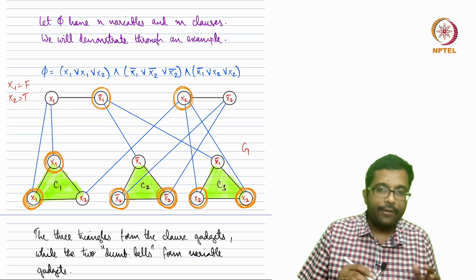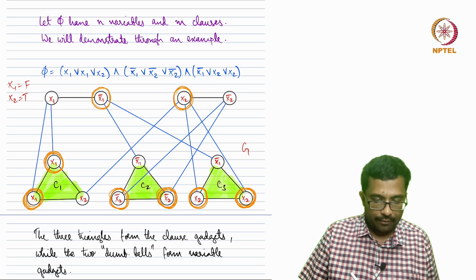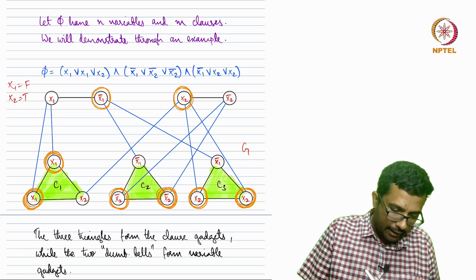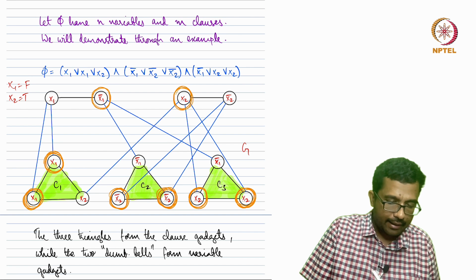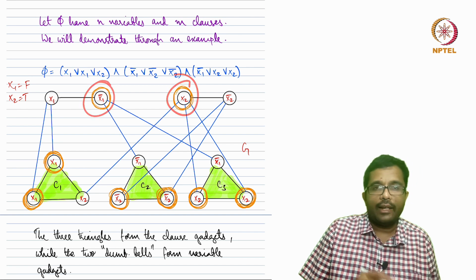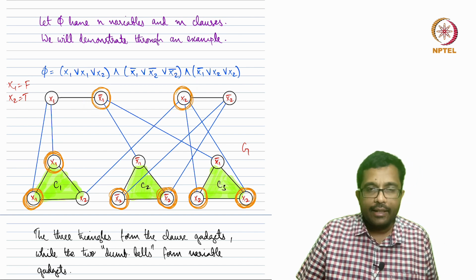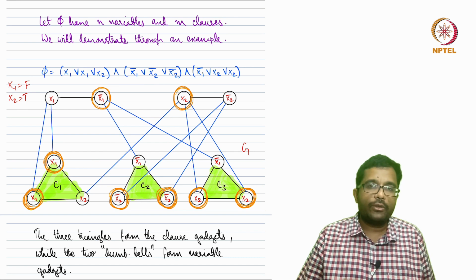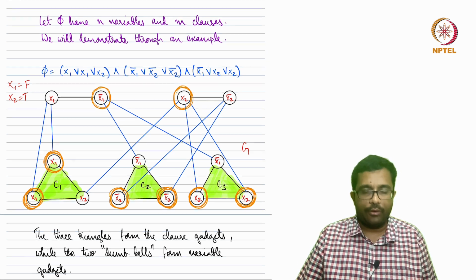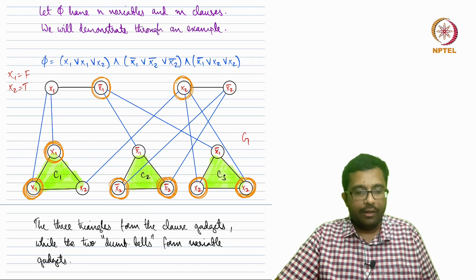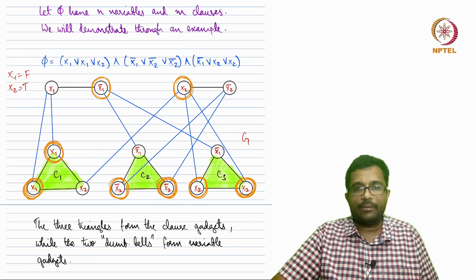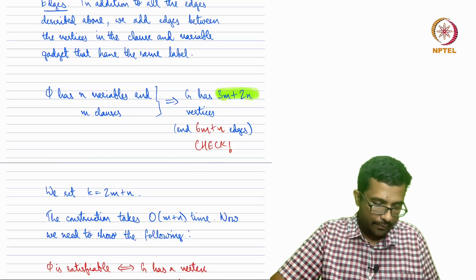And similarly, if we have a size 2m plus n vertex cover, we first argued that it has to have exactly two vertices from each clause gadget and exactly one from each variable gadget, and the one from each variable gadget tells us which variable to set to true and which variable to set to false, and together this forms a satisfying assignment, right?